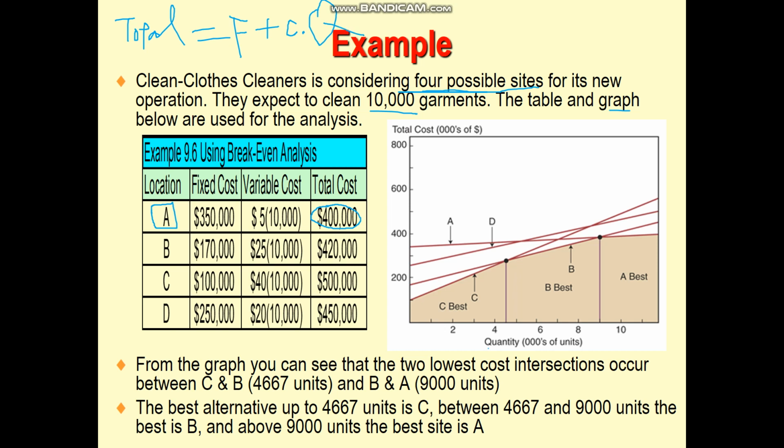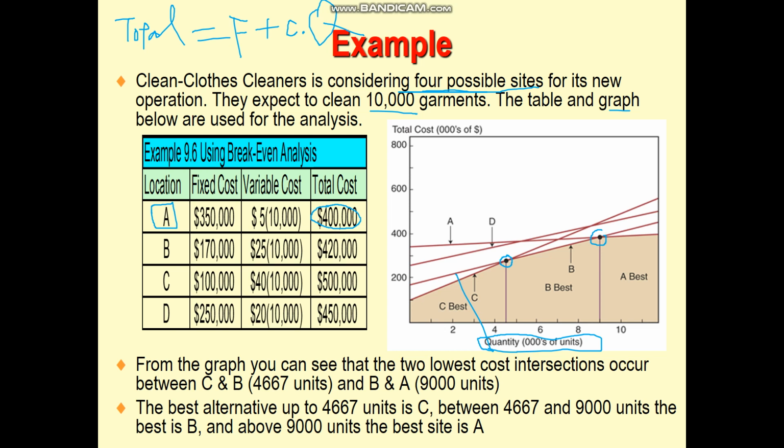So here we have the quantity on the x-axis, and the red lines are the total cost lines for location A, B, C, and D. So look at this graph. We can see two intersections, that is between B and C, and another intersection is between A and B.